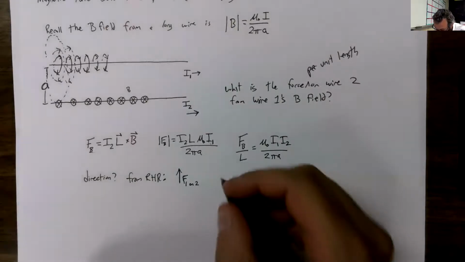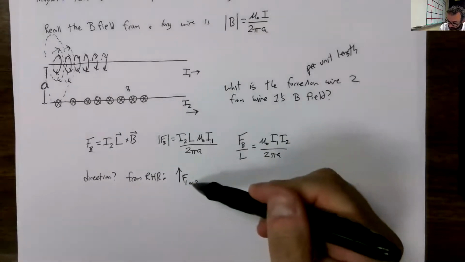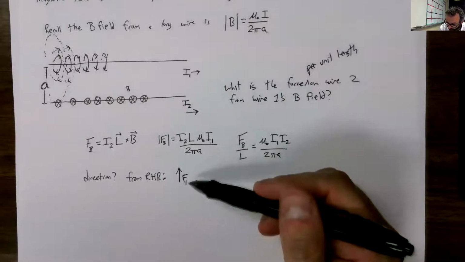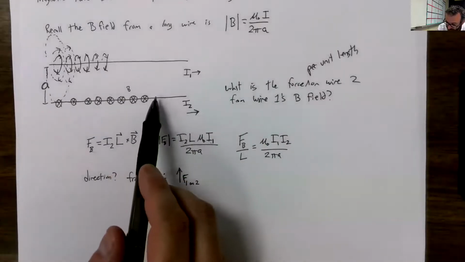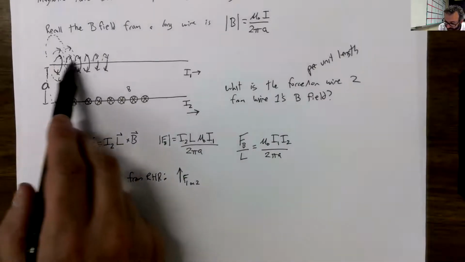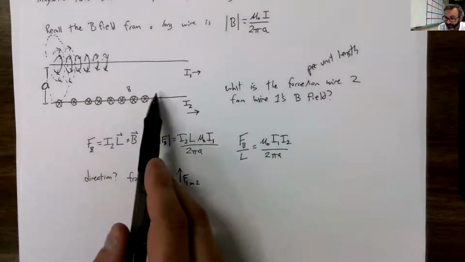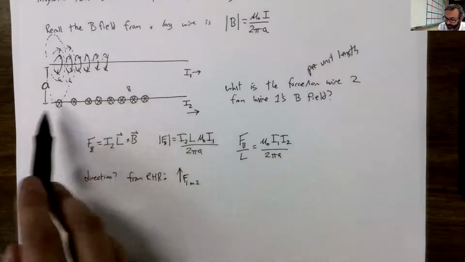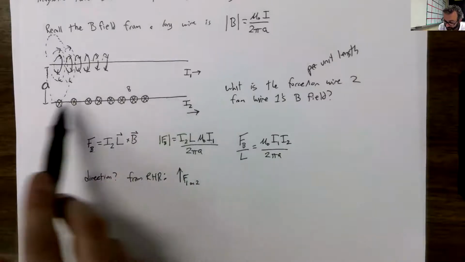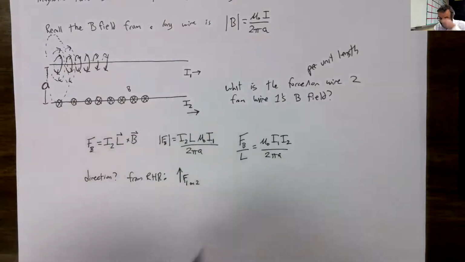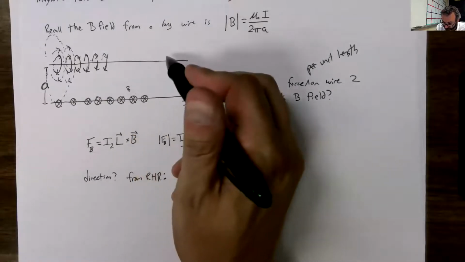And we can see that the force of 1 on 2, well, we know from Newton's third law, is going to say the force of 2 on 1 has to be downwards with the same magnitude. But we can see that also if we think about the magnetic field. I've drawn in the magnetic field from 1, these loops and these into-the-page marks. But I2 is going to make a similar magnetic field. Above it here, the magnetic field will be coming out of the page.